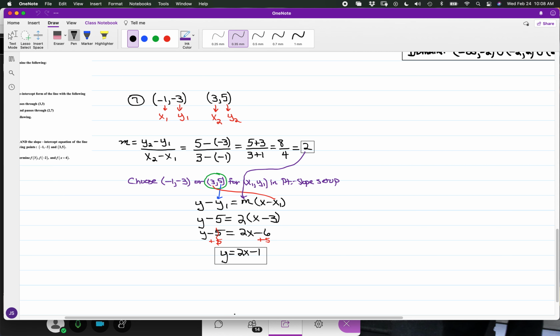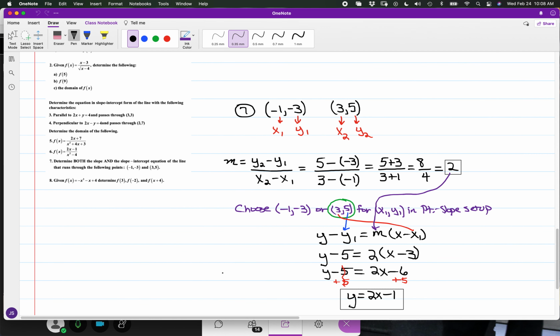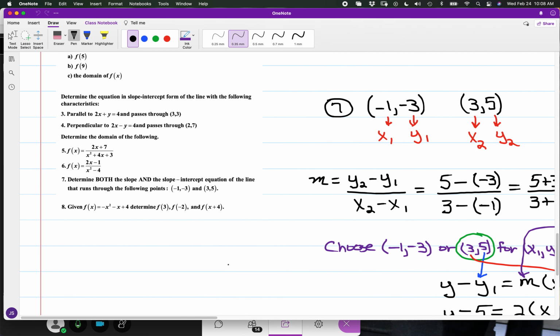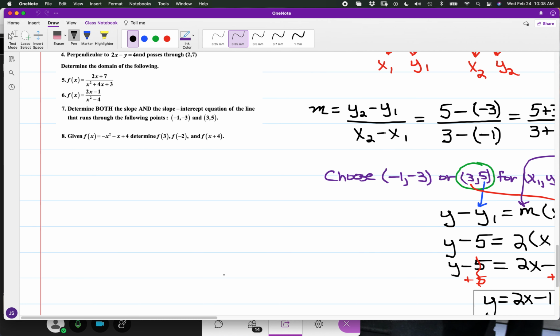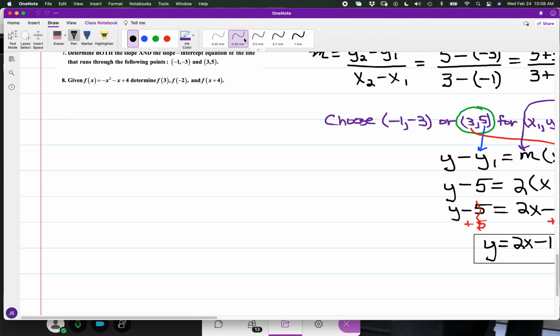Now, for what we have in the case of item number 8, it says that we have a given function, which we have in the quadratic expression, whereupon we have f of x is equal to negative x squared minus x plus 4.